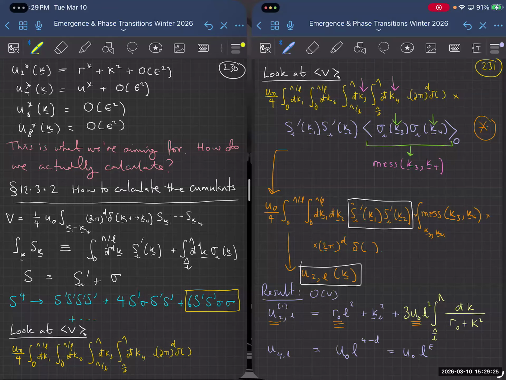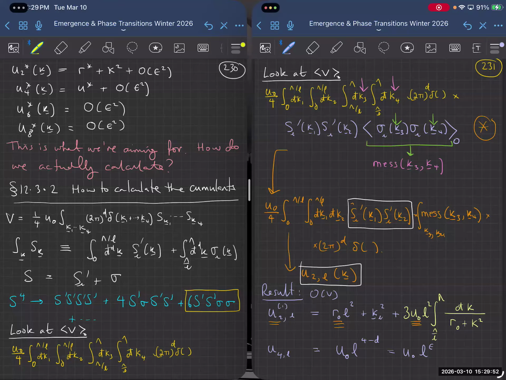Remember when I told you about the general idea of the epsilon expansion, I said, let's try to figure out what's going to happen to the scaling of the quartic coupling constant. And I said, if I just look at the dimensional analysis of it, dimensionally, it's going to go like L to the power 4 minus D, because we worked out what the dimensions of this thing were. So naively, you would say this. And then I said, well, but suppose I do this in 4 minus epsilon dimensions.